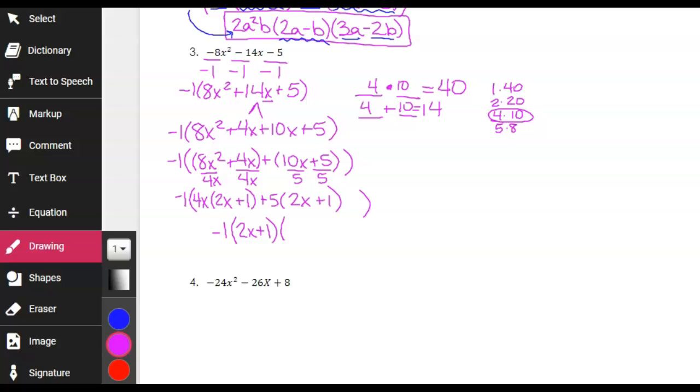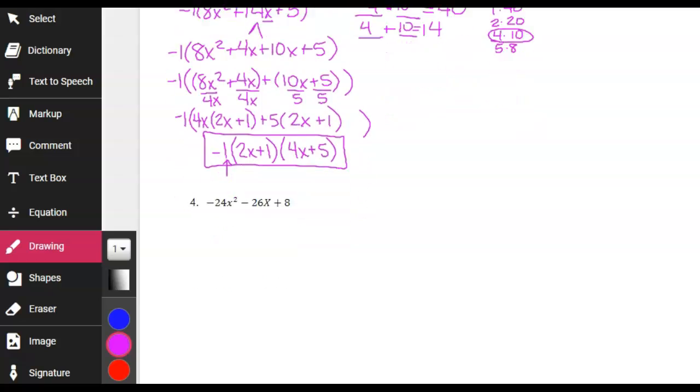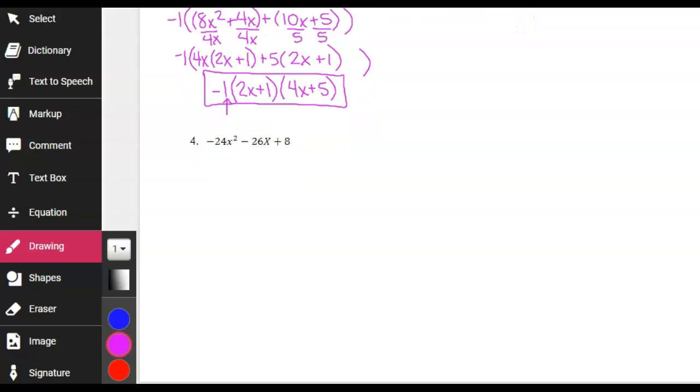And then the leftover GCFs make up the second factor, 4x plus 5. You could have also written this without the 1 here and just the negative, and that would be completely acceptable. Finally, last problem. Pause the video and try to finish number 4 on your own.